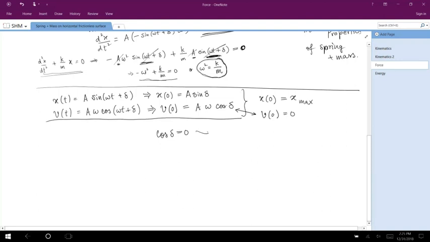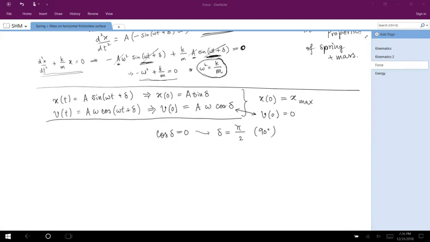Now if cosine of delta equals 0, that means delta has to be some multiple of pi over 2 or 90 degrees, because cosine of 90 degrees is 0. So we found that delta has to be equal to pi over 2, and now we can go back to our time t equals 0 x condition.